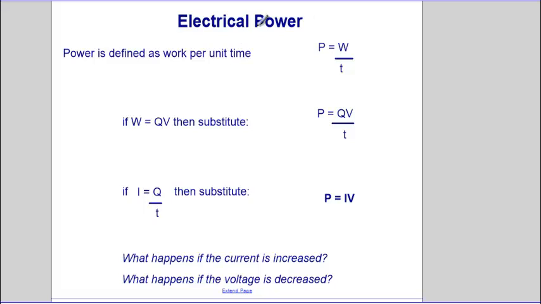The rate at which energy is transformed or transferred is referred to as power, or electrical power in the case of charges moving. So power is defined as how much work is done per unit time, or how many joules are consumed or transformed every second.